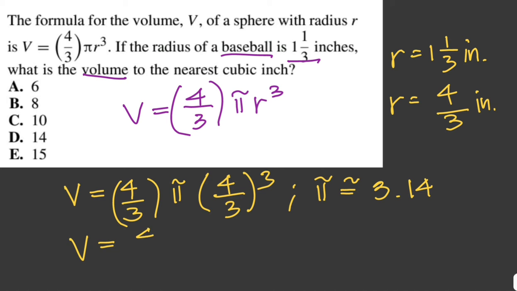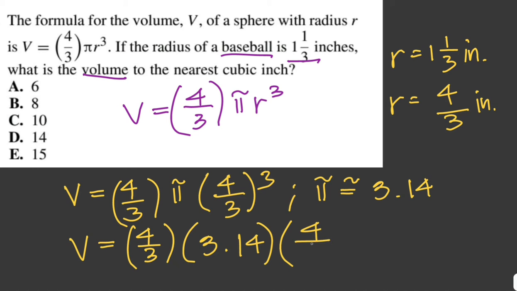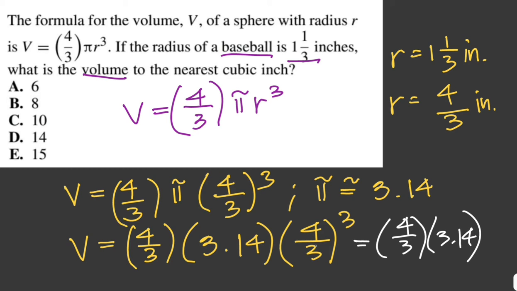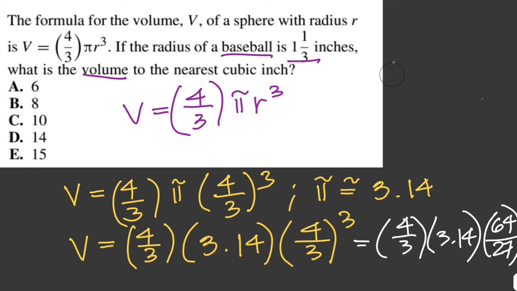So volume is equal to 4/3 times 3.14 times 4/3 cubed. 4/3 cubed is just 64/27. Then we multiply everything, and we get the volume, which is equal to 9.92.